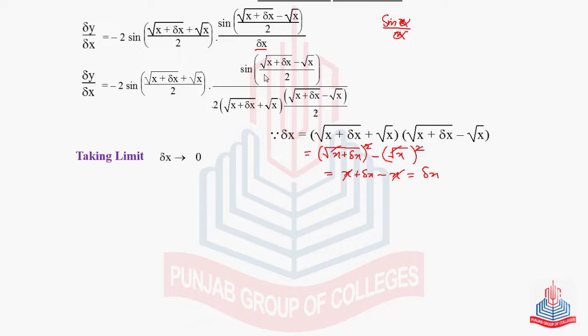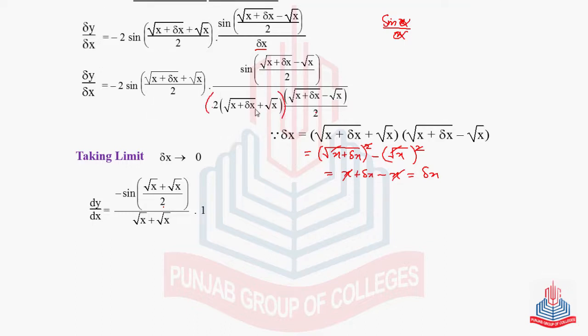So taking limit delta x approaches to 0, the left hand side will become dy by dx, and the limit will apply here, delta x will become 0. We have sine of square root of x plus square root of x dividing by 2, and the limit will apply on this part, and that will become delta x as 0. So we have square root of x plus square root of x.